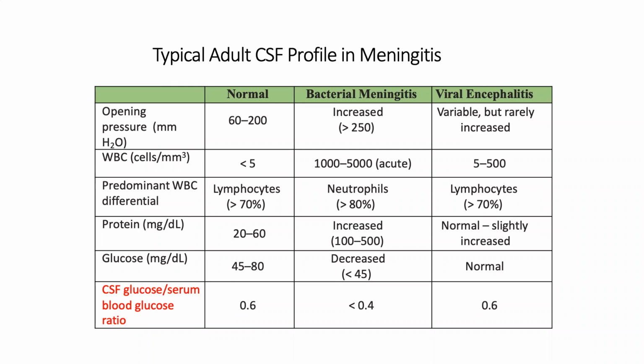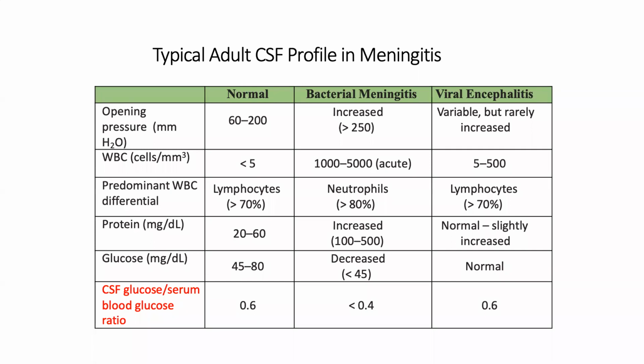When the white blood cells are acutely elevated, when we see an increase in neutrophils, we know neutrophils are indicative of infection. We see an increase in protein, and then a decline in glucose, and that's because bacteria require glucose to continue their virulence.